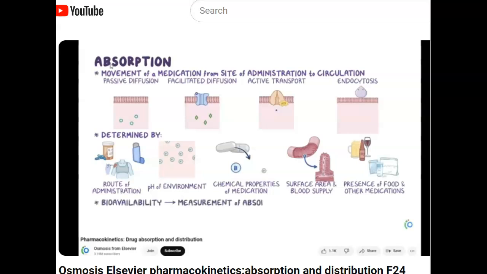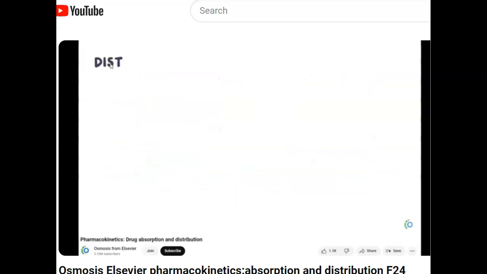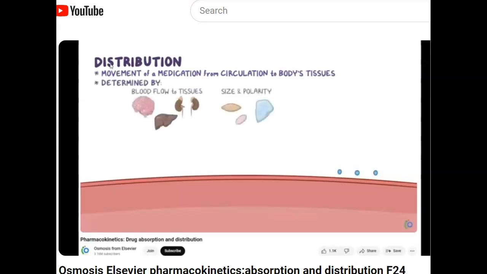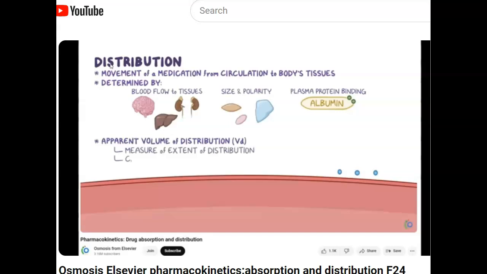Bioavailability is a measure of the absorption, and distribution is the movement of a medication from the circulation into the body's tissues, which depends on blood flow to tissues, size and polarity, and plasma protein binding. The apparent volume of distribution, or VD, is a measure of the extent of distribution, and it can be affected by certain kidney and liver conditions.